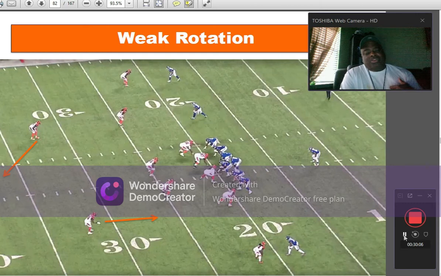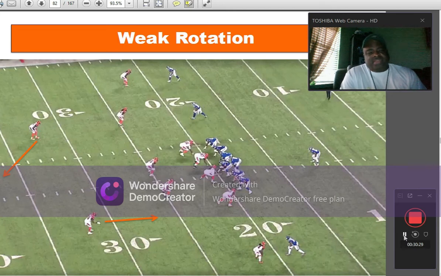They roll into the weak side. That high safety is taken into the middle of the field, and the other safety is coming down, and he's playing a flat. And if you look, the cornerback on his side that he's coming down, he's more in a man. And the other cornerback on the other side, he's in a zone.